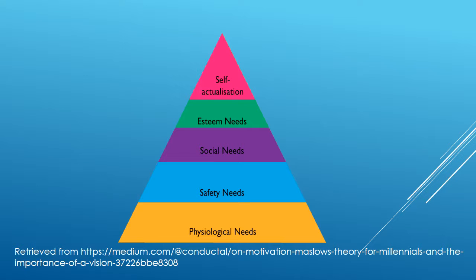This includes friendships, family, intimacy, and interpersonal interactions. The next step is esteem needs. This includes self-esteem, confidence, achievement, and feeling accomplished. The last category is self-actualization, achieving to one's full potential. We will come back to this pyramid in relation to behaviors.